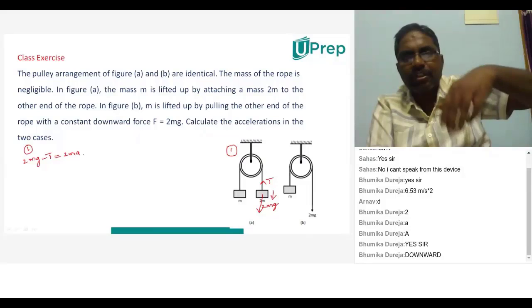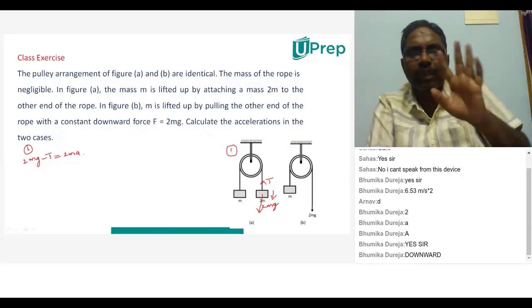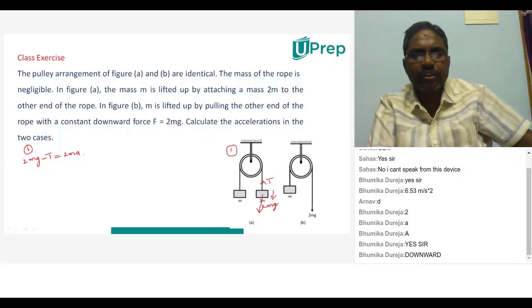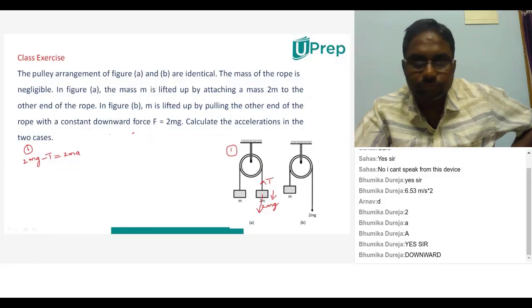The acceleration of that object will be a, and what mass is there for it? 2m is there. So that's why you can write 2ma. So this is equation number 1. Okay, Arnav. Yes, sir. Right. Now write equation number 2. This is equation number 1.